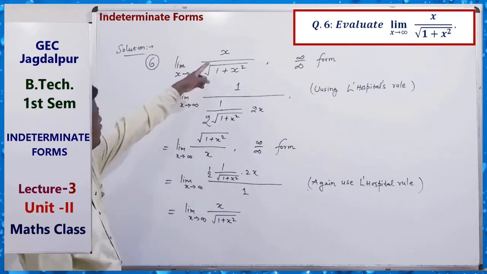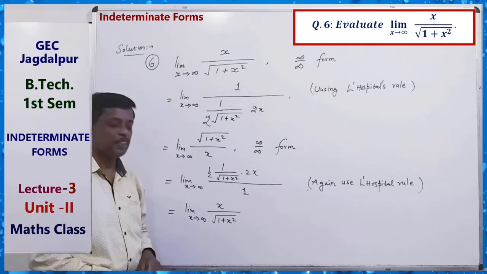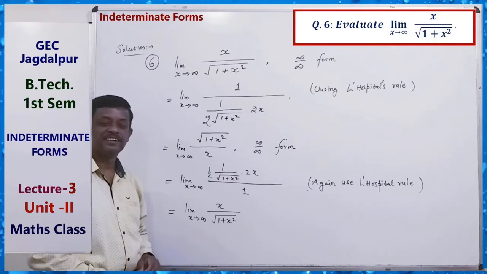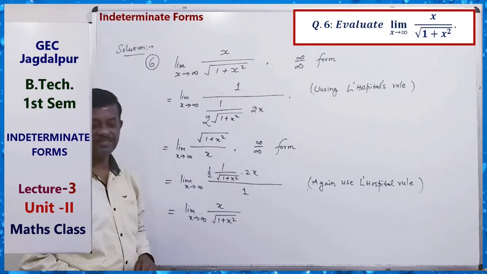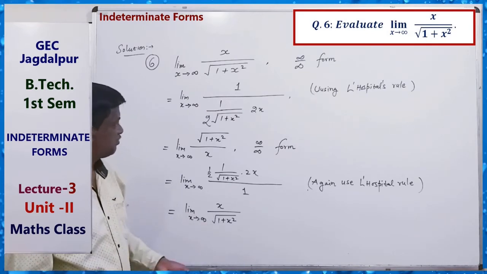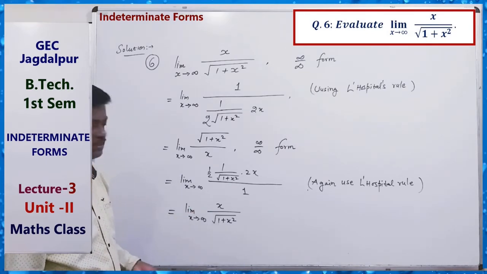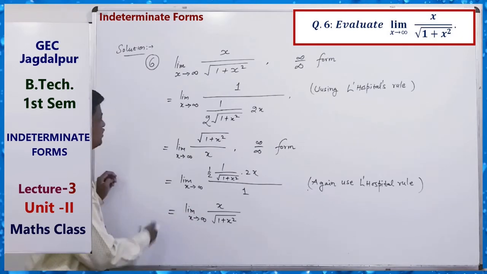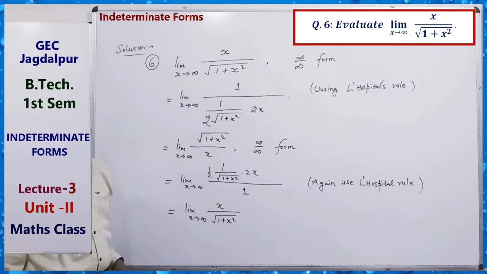Just we get this form again. So what do we have to do now? We get the same thing as given in the question.